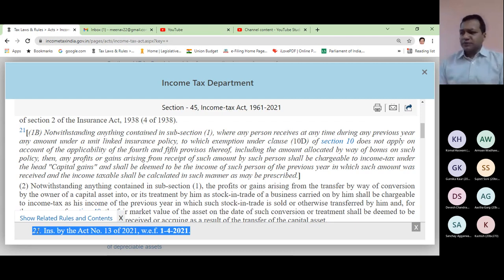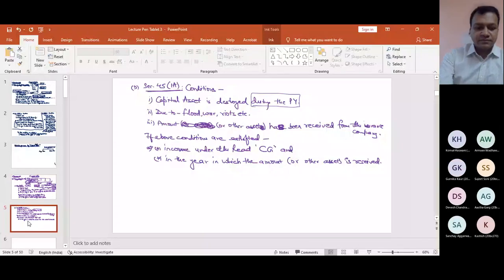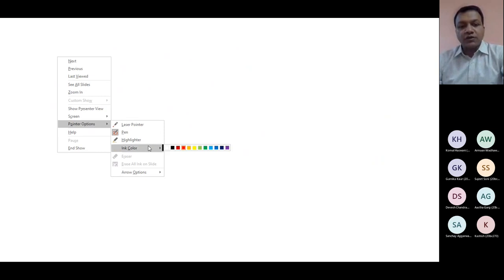Now before reading this section for you, let me tell you what was happening till last year when I had taken any insurance policy, ULIP plans. Before discussing this section, you must know what was happening till last year. This discussion is required to understand 45(1)(b).